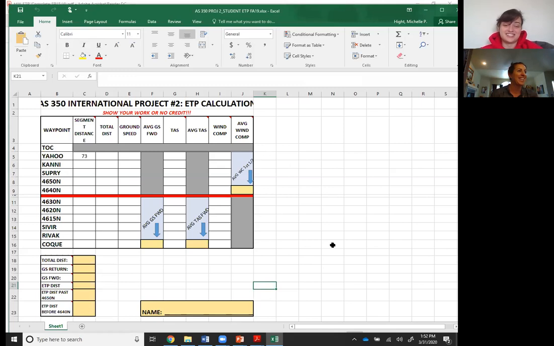We messed around with that forever, trying to figure out what two points to start the ETP at just to make it land evenly, and it doesn't. Michaela and I both fully admit, this right here is varsity level ETPing, all right? It's like a whole other level.